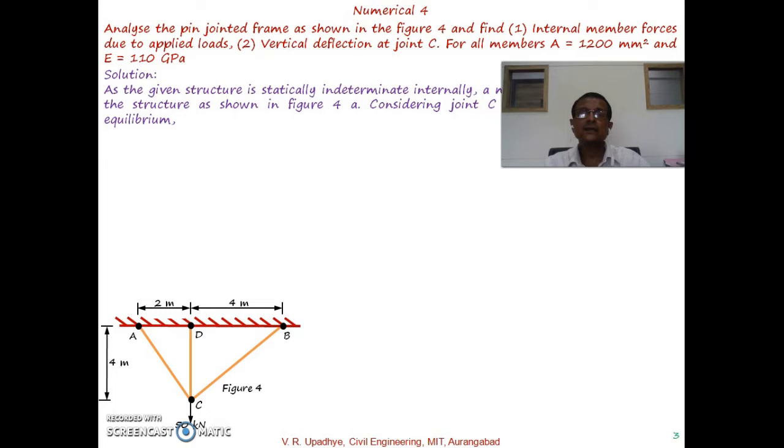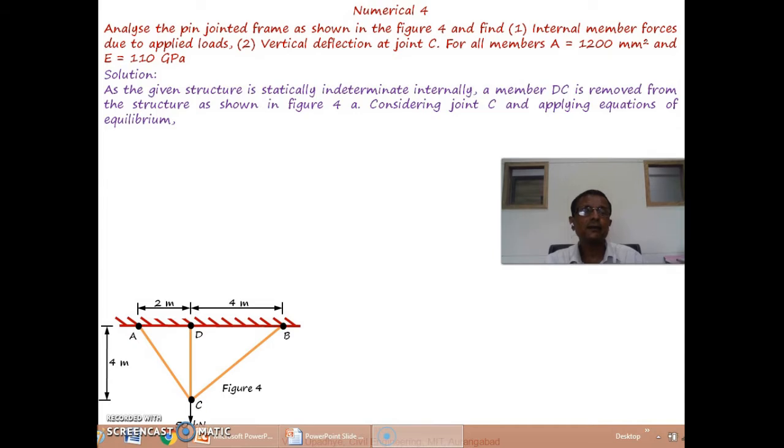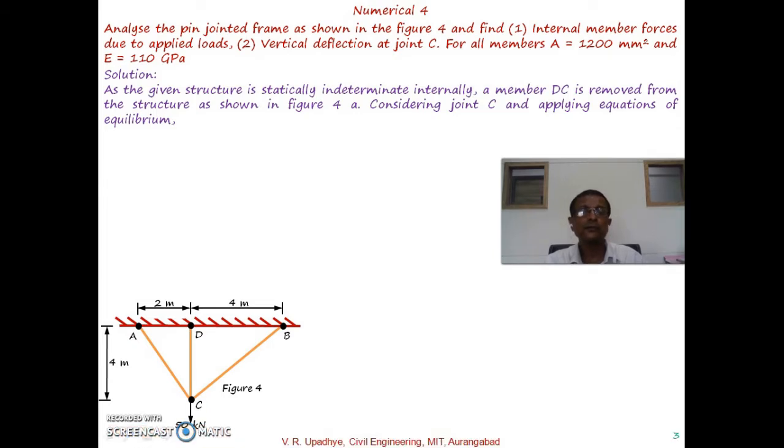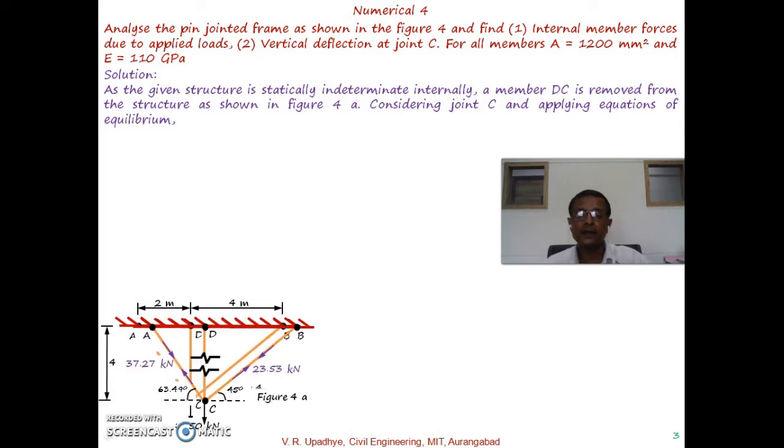As the given structure is statically indeterminate internally, any one of the members, the member DC, is required to be removed. For this particular numerical, I have removed member DC from the structure as shown in figure 4a, something like this.